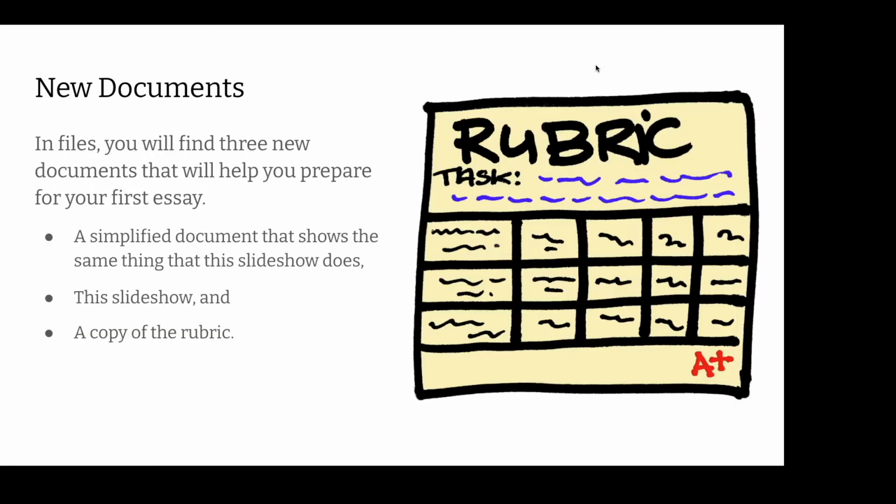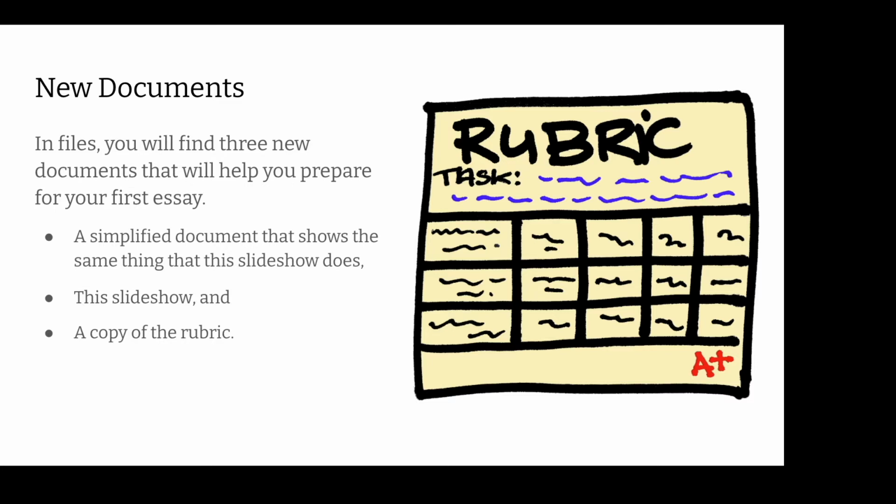All right, so the first couple things, I have added 3 new documents up to files that will give you some basic information about what you need to be working on for this. One is a simplified document that shows the same thing that this slideshow does, but it's organized in a way that people who prefer that over a slideshow can read it.